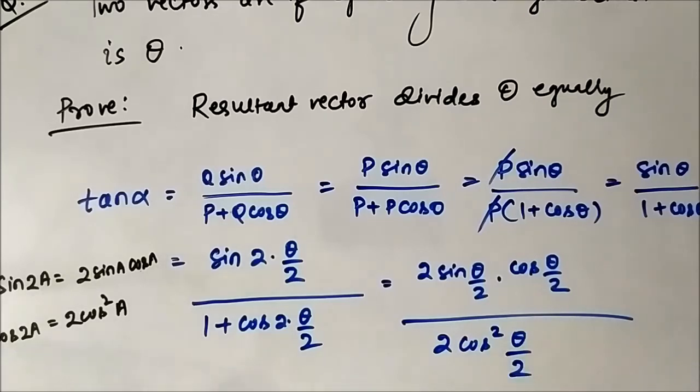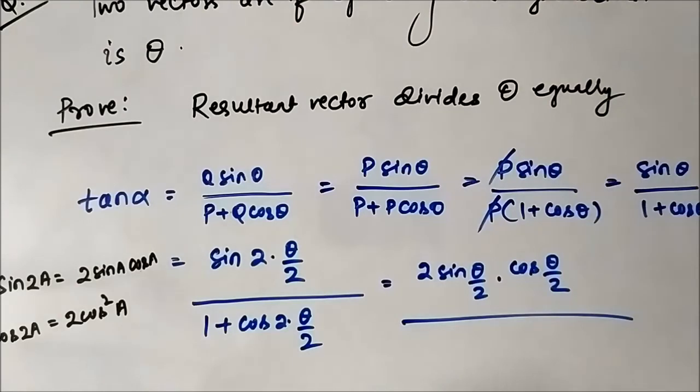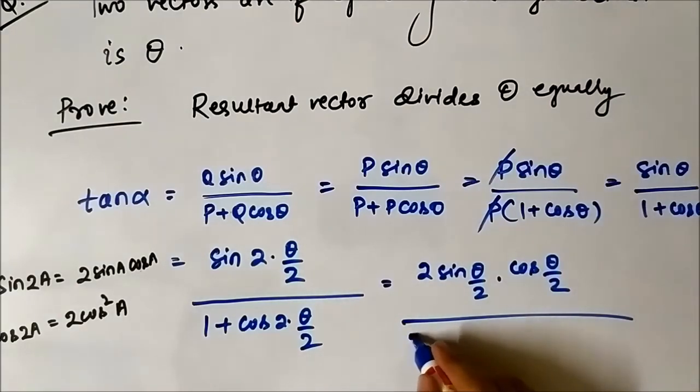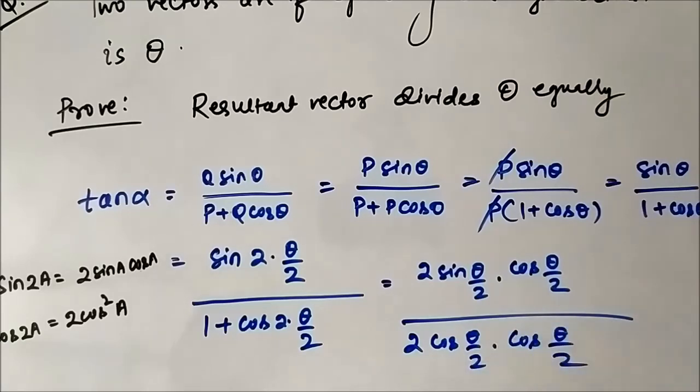2 cos square theta by 2 can be written as 2 cos theta by 2 into cos theta by 2. Now in the numerator and denominator we can cancel out 2 and cos theta by 2.